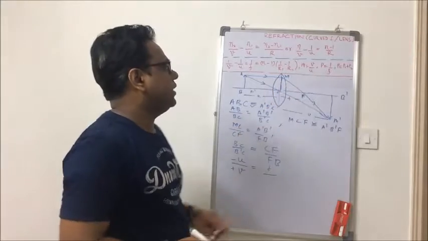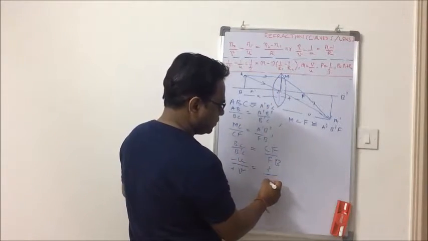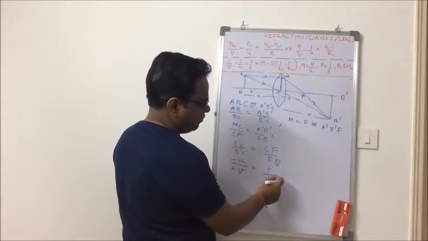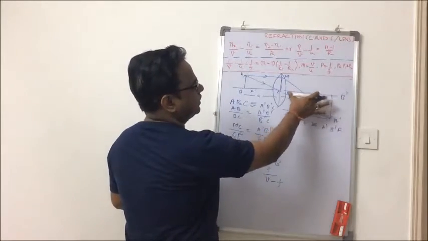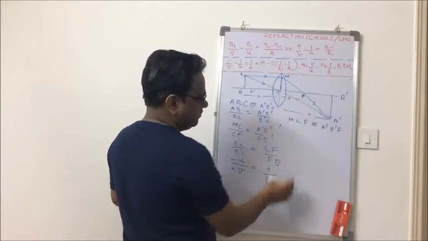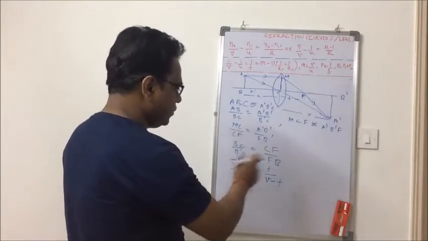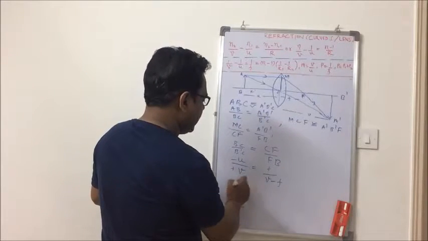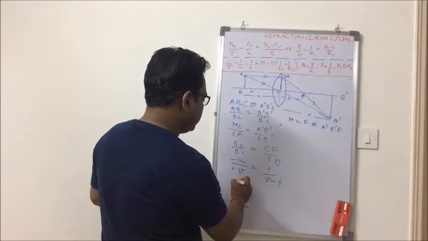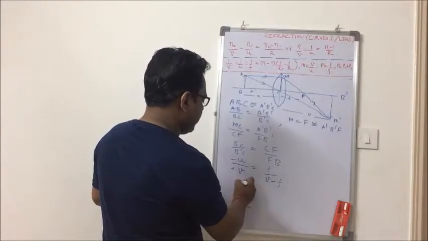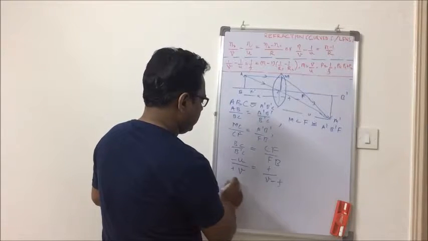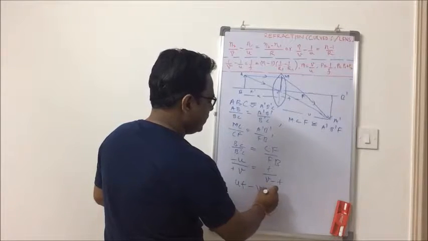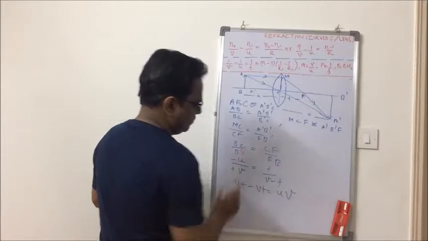V minus F, and V would be positive and F would also be positive, because it is V minus CF and CF is F. So if you do cross multiplication, you will find UF minus VF equal to UV.